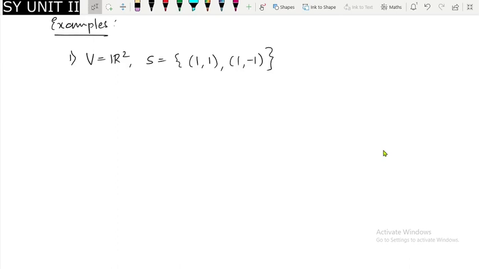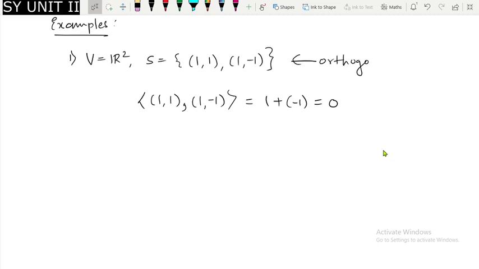So if you take two distinct vectors, since there are only two vectors in this set, we'll check what is the inner product of (1, 1) with (1, -1). So if you find out the inner product, it will be 1 multiplied by 1 is 1 plus 1 multiplied by -1 is -1, and this is equal to 0. So you can see that the inner product of two distinct vectors comes out to be 0. So definitely it is an orthogonal set.